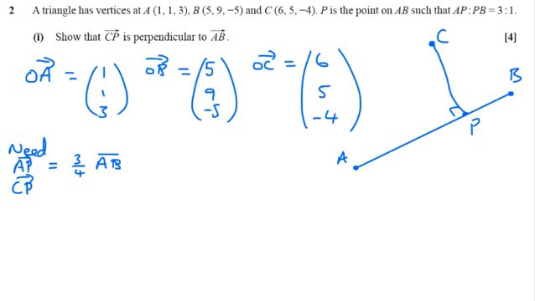Yes, we can. A to B is going to be, if you imagine O being down here, A to O plus O to B. So in other words, negative A plus B, negative of this plus this. So let's work that out.